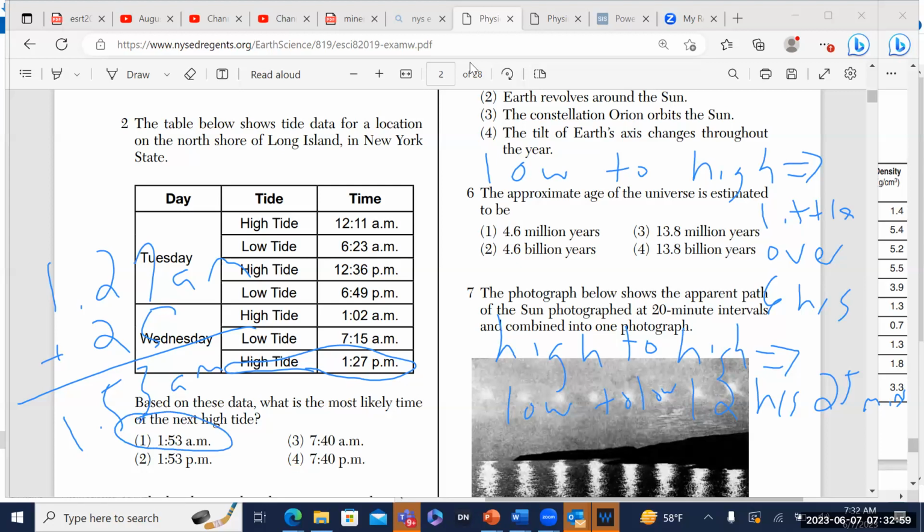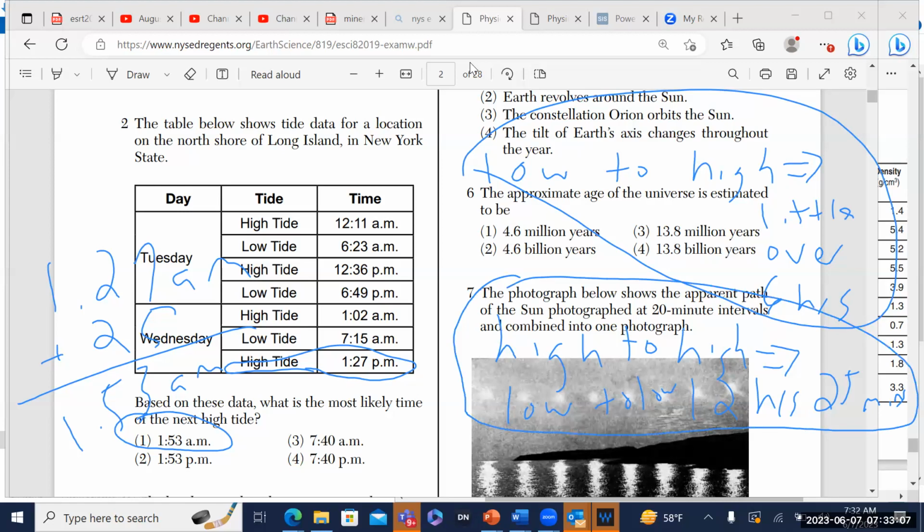Remember the rule: from a low tide to a high tide is a little over 6 hours; from a high tide to another high tide is 12 hours and 25 minutes.